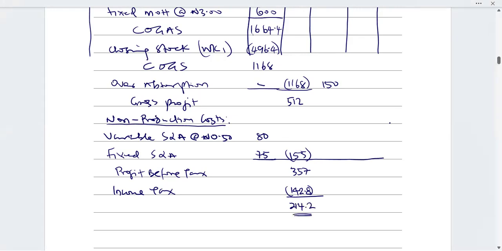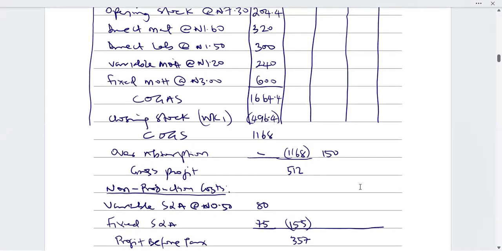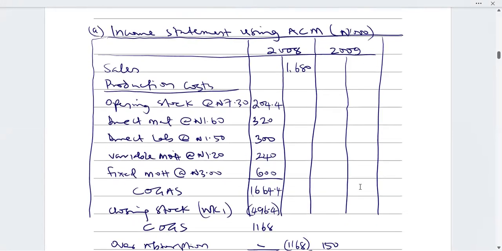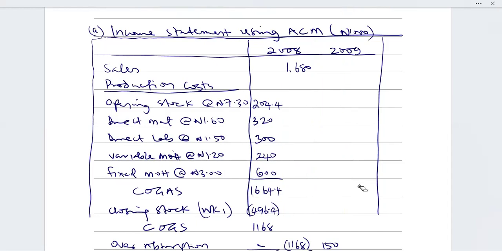This 214.2 represents the net profit. This is the operating performance or result that we are talking about. Let me just remove this to make it look neater, since I'm not using a ruler.